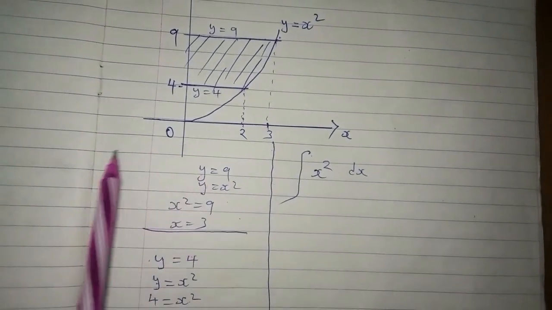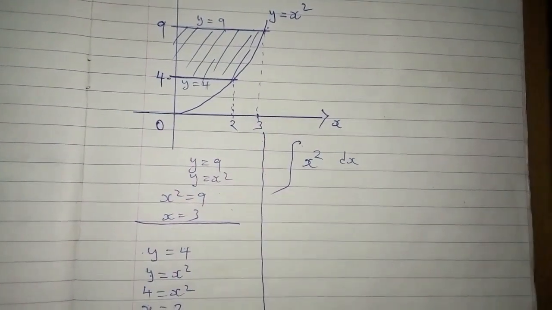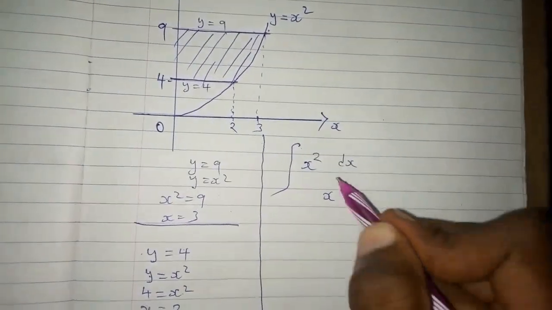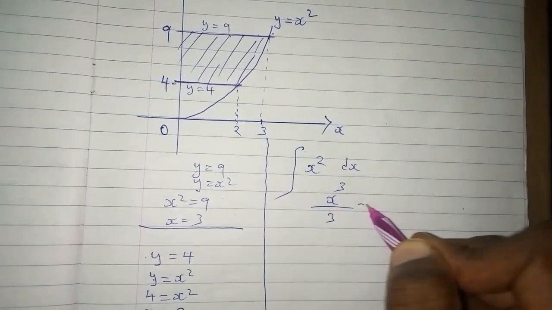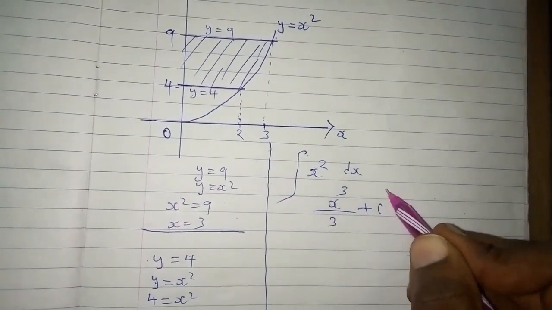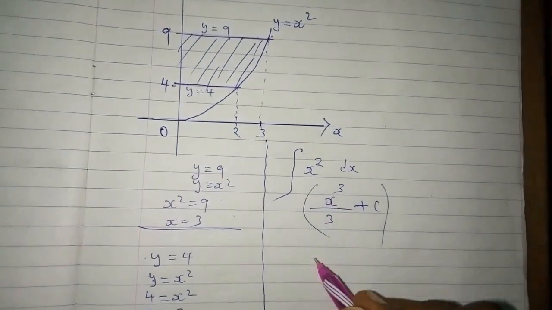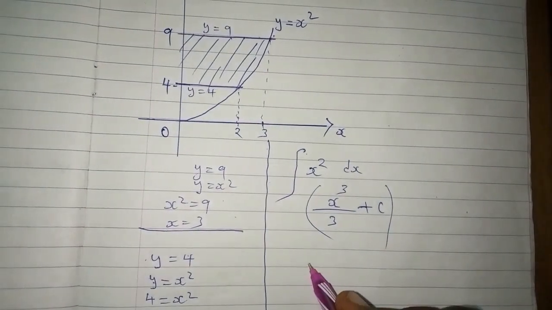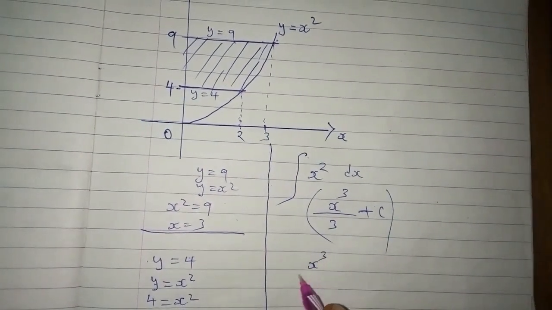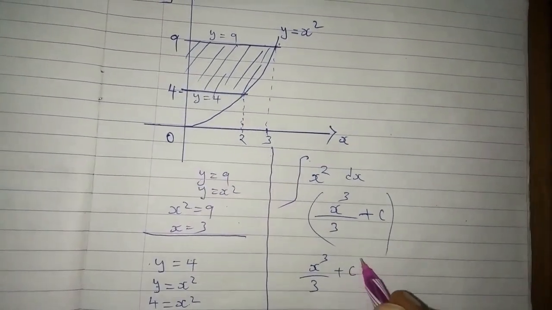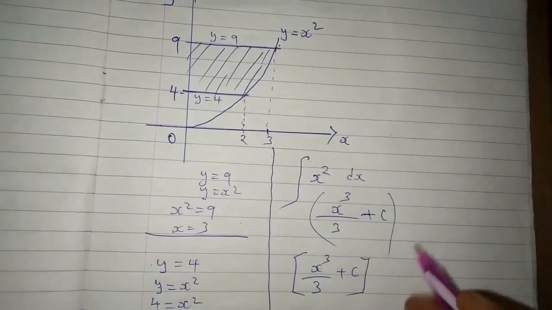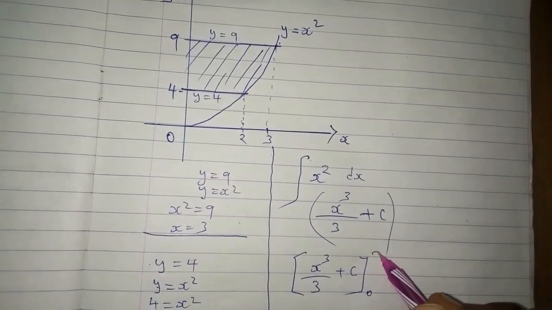Remember we are going from 0 to 3. So we are going to have x raised to 3 divided by 3 plus c, from 0 to 3.